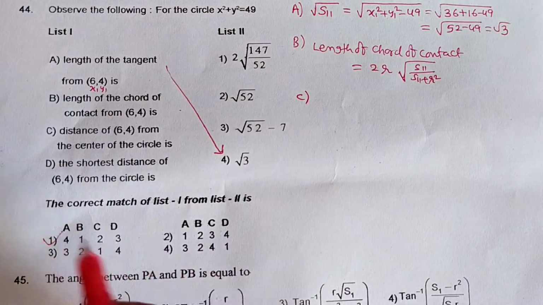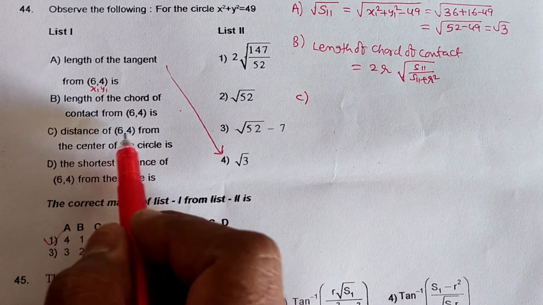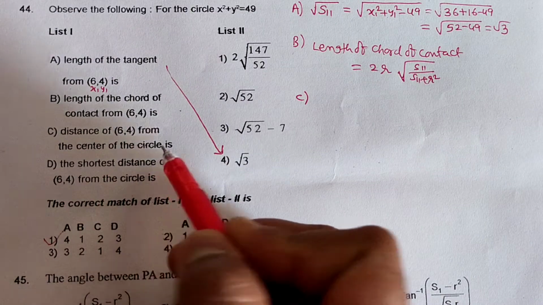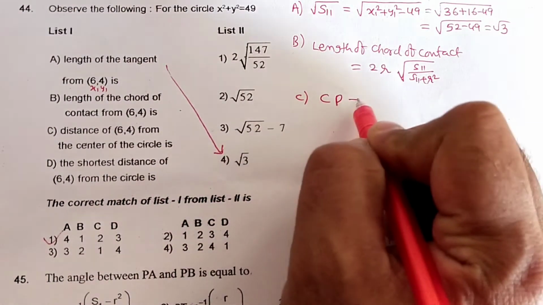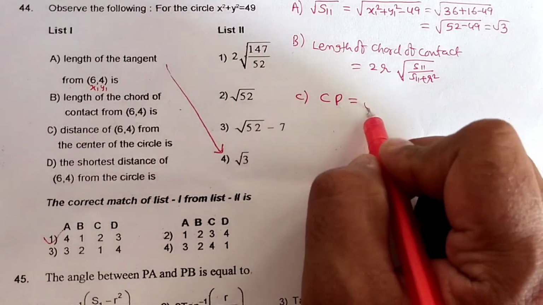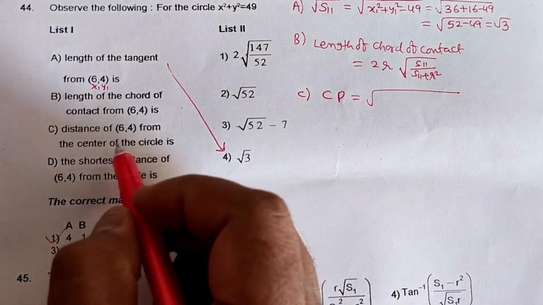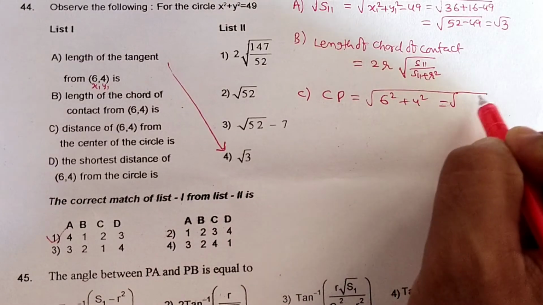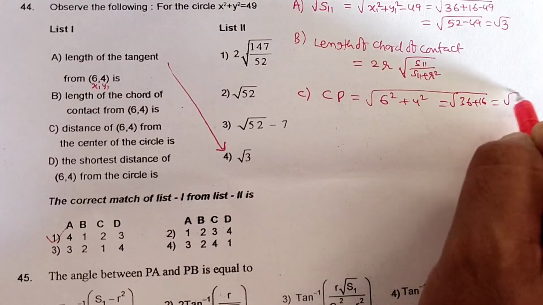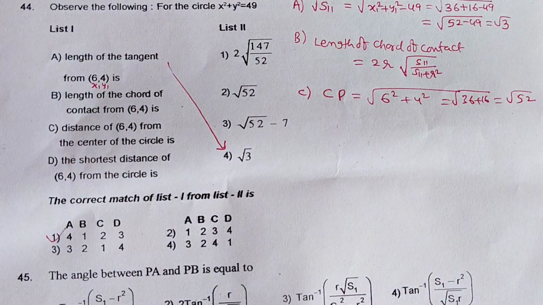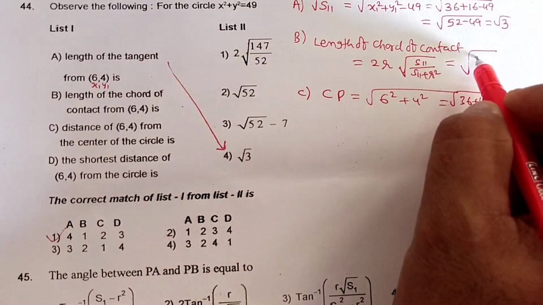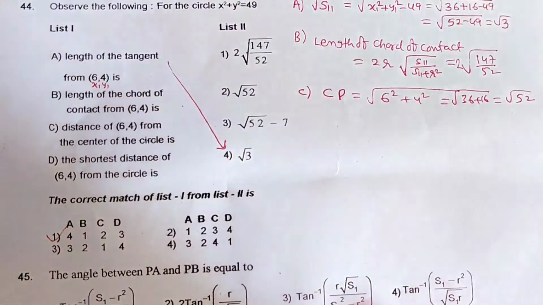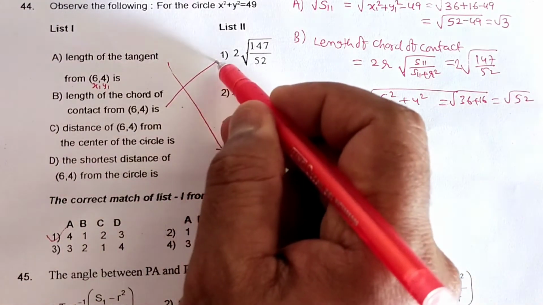And the third one, the distance of (6, 4) from the center of the circle, so that means CP. The center of the circle is anyway (0, 0). So the distance between (0, 0) and (6, 4) is root of 6 square plus 4 square only, no? So it will become root of 36 plus 16, root 52. Even this, if we simplify, we will get the answer 2 root 147 by 52. So root 52 is for this one option.